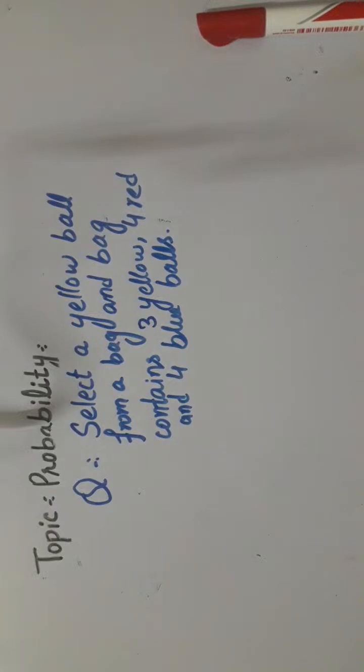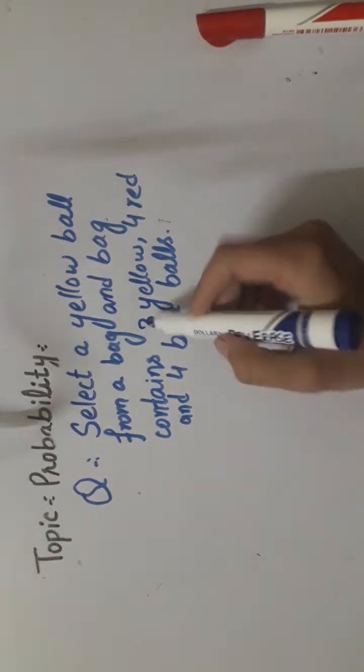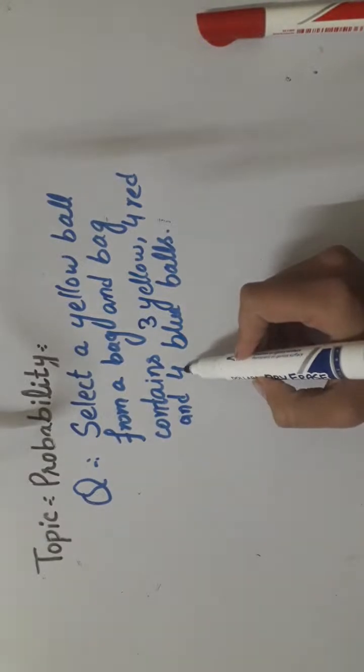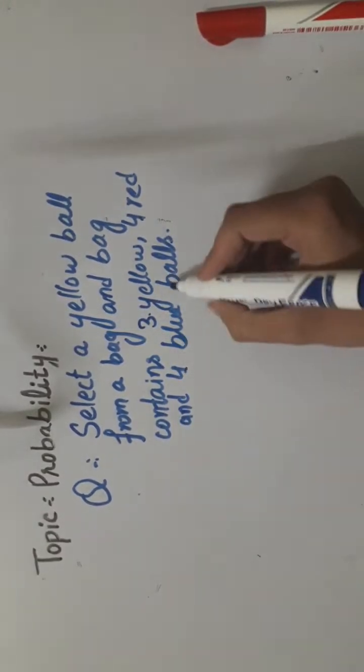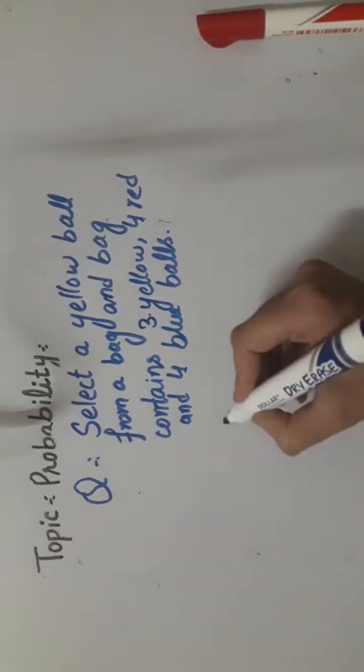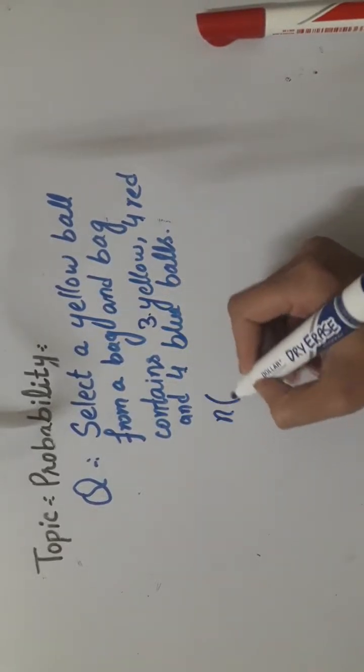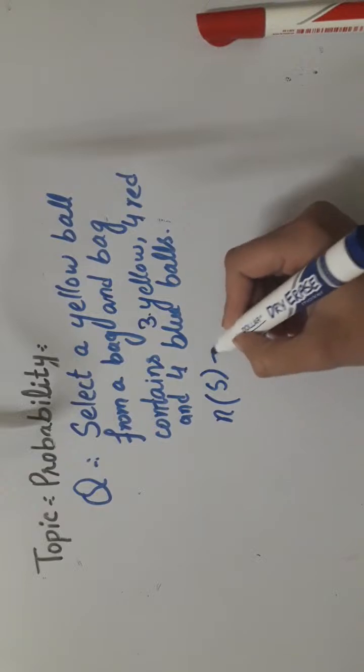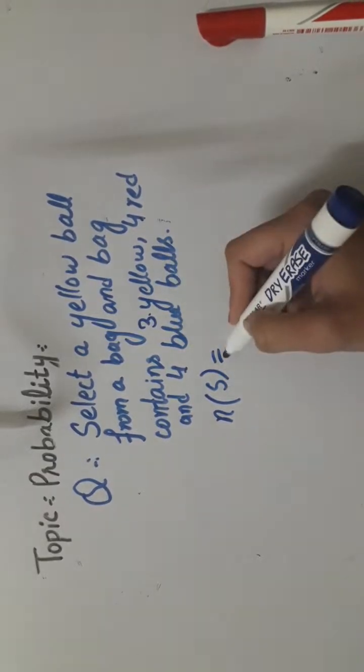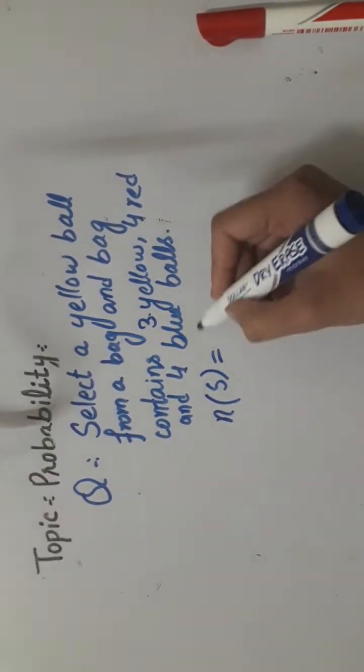So what will be the probability of this? First of all, the total number in the sample space is 3 yellow, 4 red and 4 blue. So 3 plus 4 plus 4. This will become 11. So the total number of elements in this is 11.